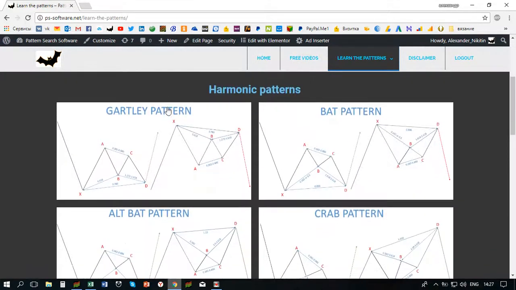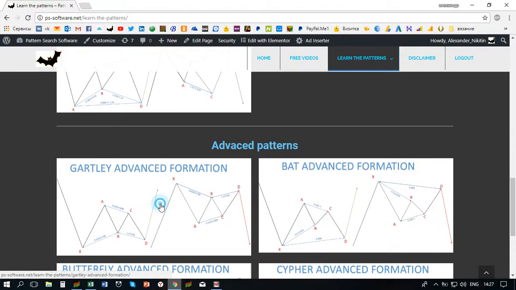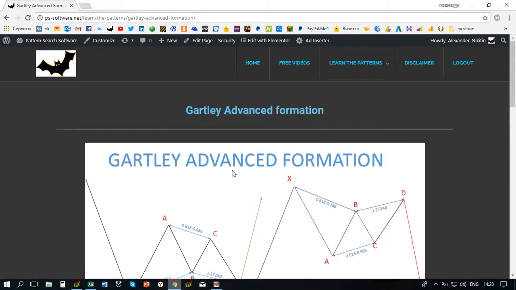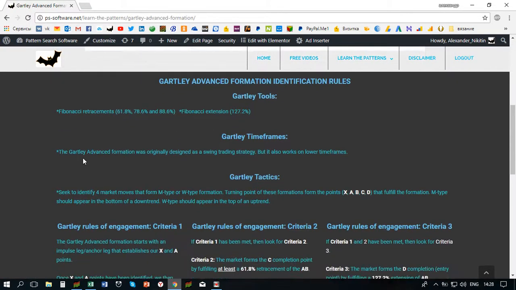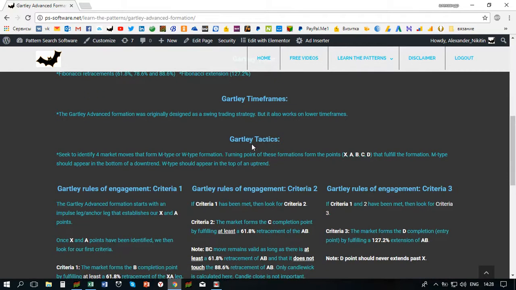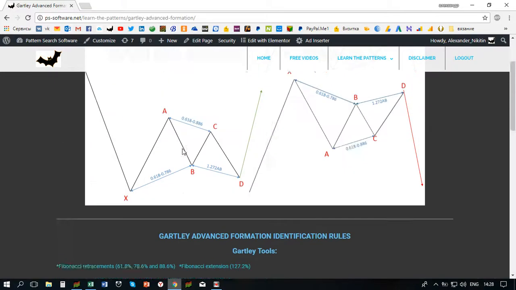So if you go here, you see the diagrams, the prior movement exceeding that. You see the diagrams. It is very important. They are not arbitrary diagrams. And if you click on the diagram, you have the description, advanced formation identification, Gartley tactics. Okay.